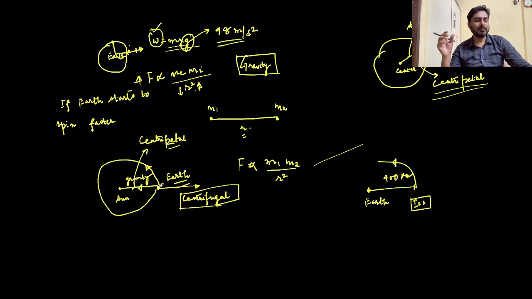Because to counter the gravitational pull, the centrifugal force required is less. So, are you able to understand this, that in a circular motion, it is the force of gravity which is acting as the centripetal force? So centrifugal force counters the centripetal force. So this distance matters. If distance is less, we have to move faster.